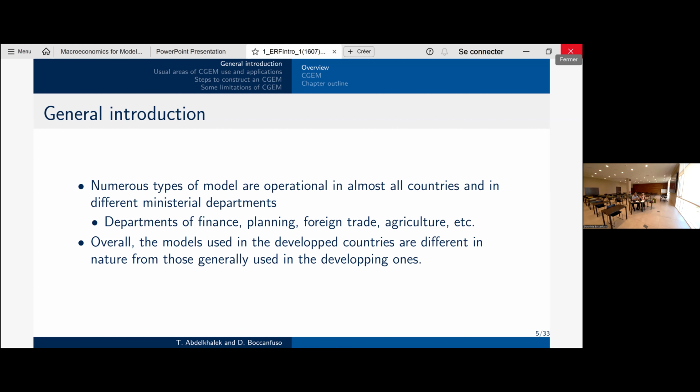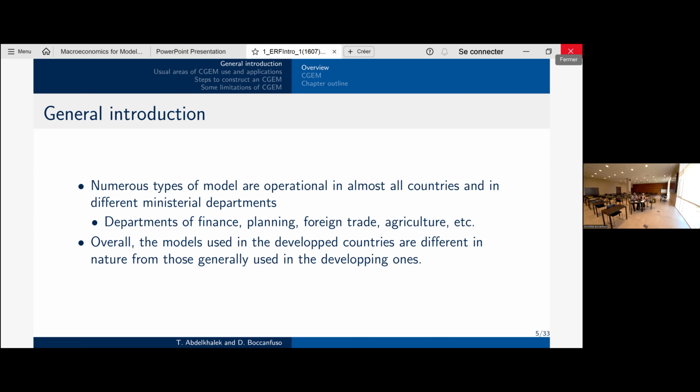Because in developed countries, we are using a macroeconomics model generally, and in developing countries, we are using a CGE modeling. Why? What is the difference between the two? In the developed countries, the content is in a demand part, but in developing countries, we have a content of supply. So, there is a difference.